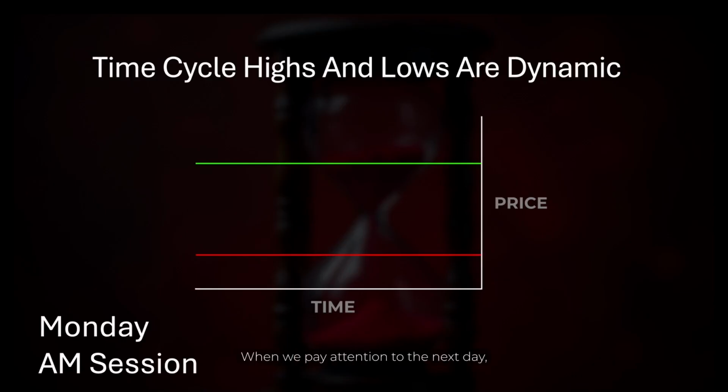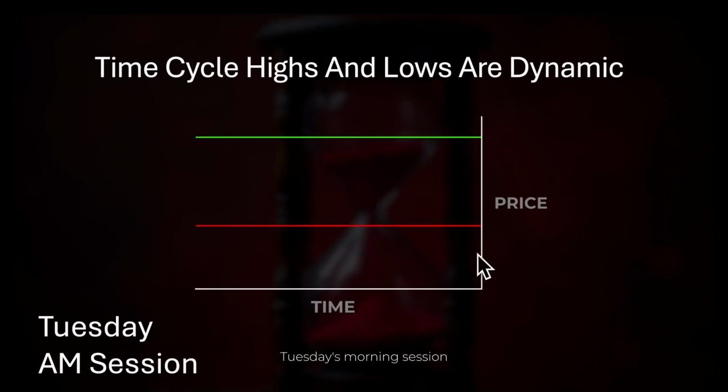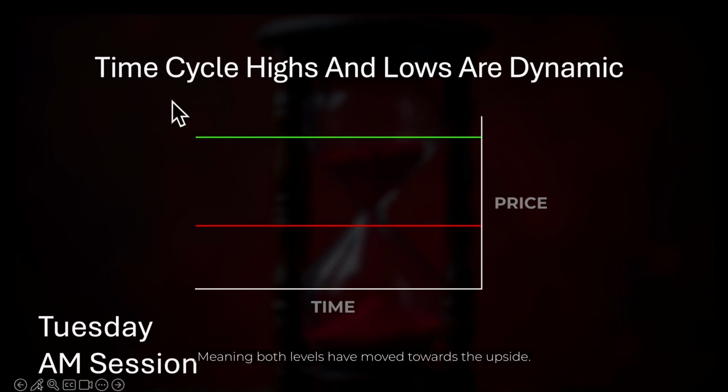When we pay attention to the next day, Tuesday's morning session, you can see that the high and low of that morning session have changed, meaning both levels have moved towards the upside. You might be like, what is the significance of this? Well, the significance is that you can see the engineering of liquidity is taking place around different levels, and keep this in mind moving forward.